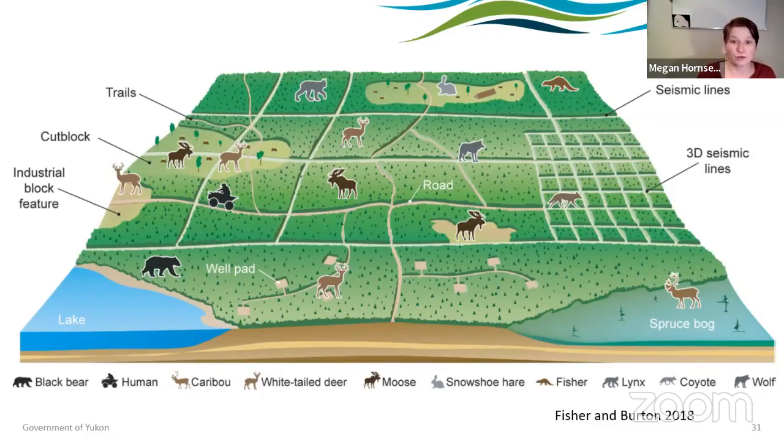Maybe we need to close down some roads. Maybe we need to allow some of these areas to regenerate before there's a new project that comes in. So all these different pieces of the puzzle come together and allow us to better plan for the future.